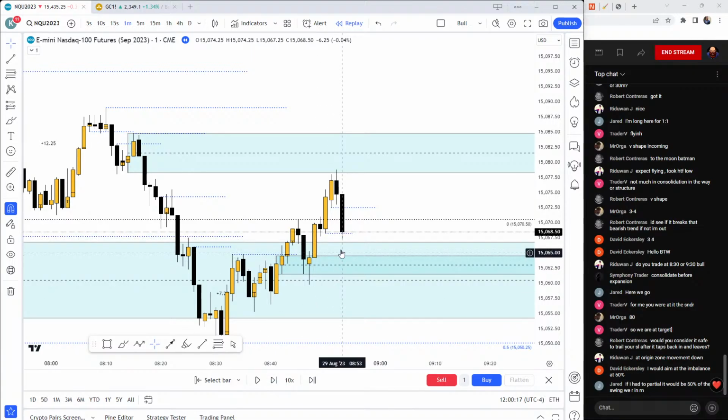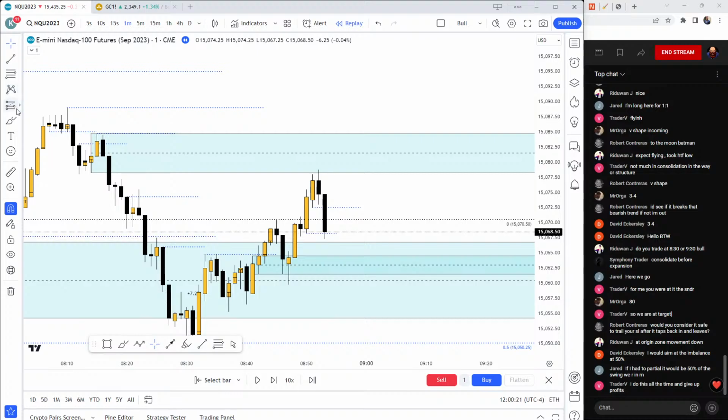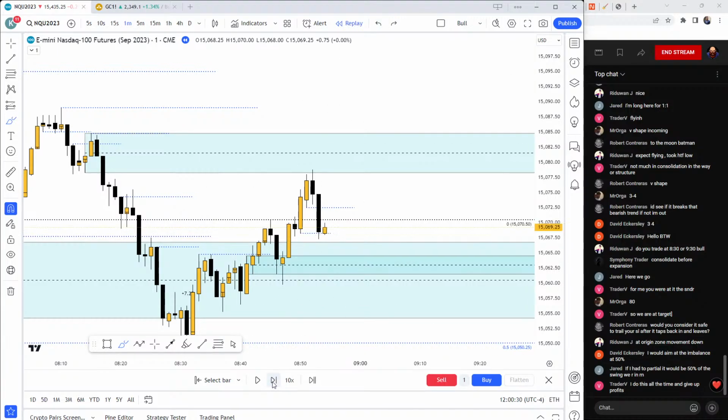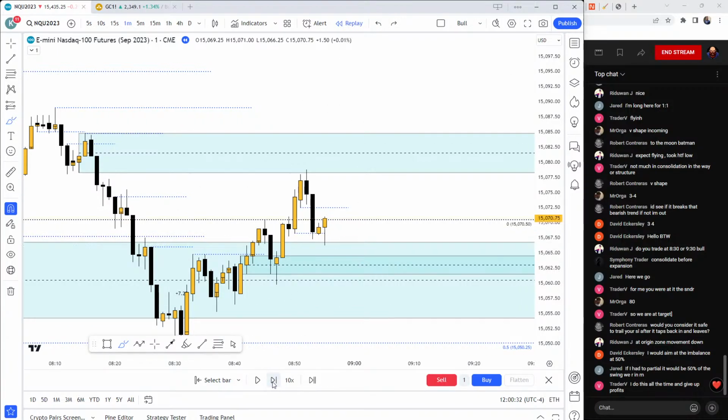Bang, right back down to here. So possible area coming in here takes you back up. Dangerous. Anybody long? Or are we expecting lower?